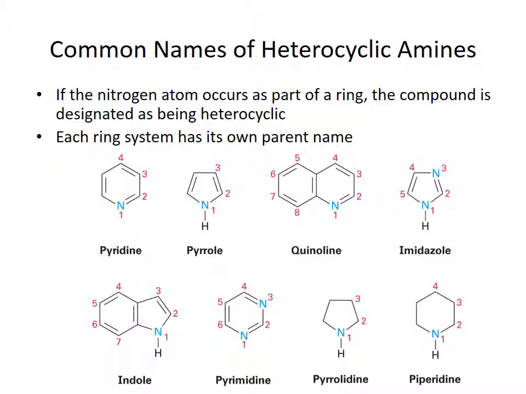The only thing that I expect you to be able to do is to say this is a heterocyclic amine versus not a heterocyclic amine. Pretty easy to find the nitrogen in the ring and say it's heterocyclic. Or to be able to say it's an aromatic amine versus an aliphatic amine. And I have some problems to show that to you.